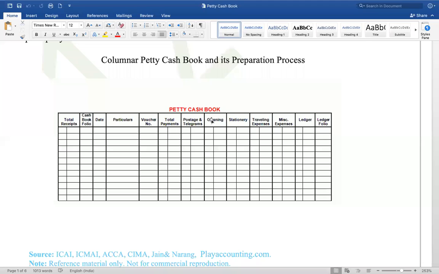So every item, all major items are given headings, right? Whatever you don't know, that you will dump in miscellaneous. Let's say this is not a significant thing, this is not a repetitive thing, this is not a very common item that comes, then you can dump in miscellaneous expenses.